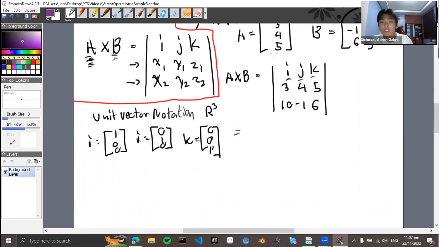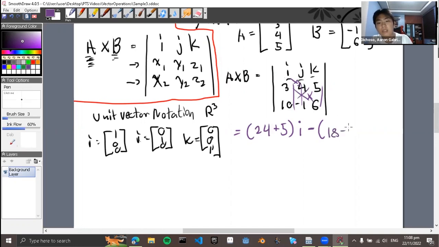So let's compute for the cross product here. If we would remember, first we do this, yung determinant, right? Yung parang basic formula natin. So it would be 24 minus 5 times -1. So that's +1. +5 pala. +5i minus, then you would cross this out and then do it for j.